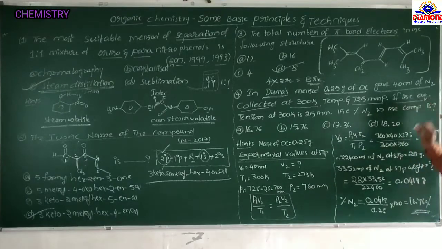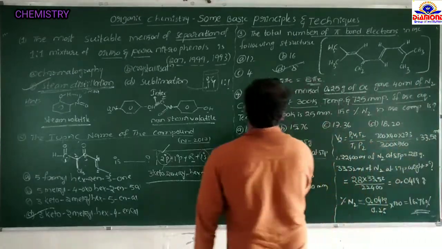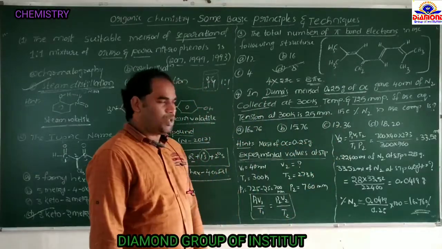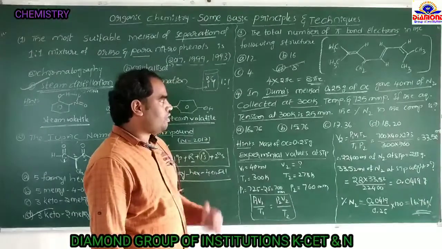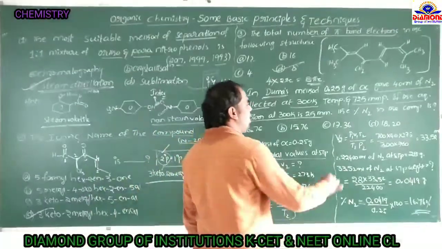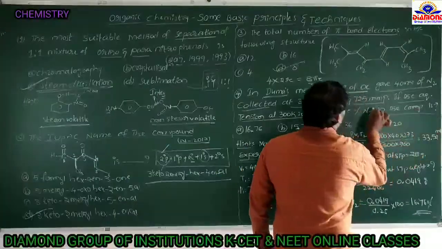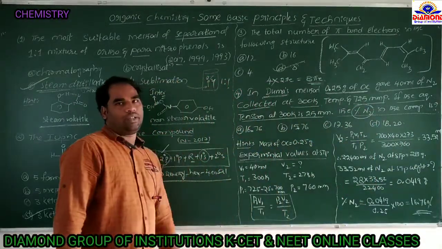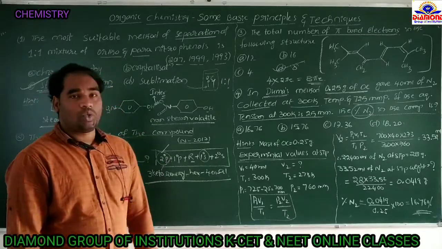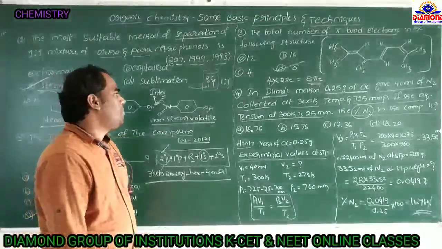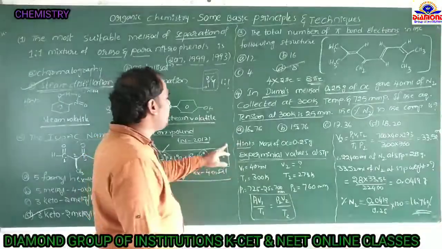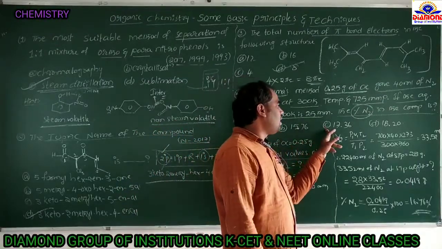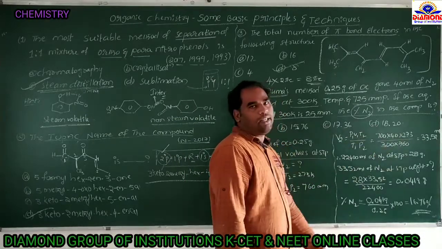If the aqueous tension at 300 Kelvin is 25 mm, then what is the percentage of nitrogen in the compound? So we have to find the percentage of nitrogen. It is also a 2015 question. Option A 16.76, B 15.76, C 17.36, D 18.20.